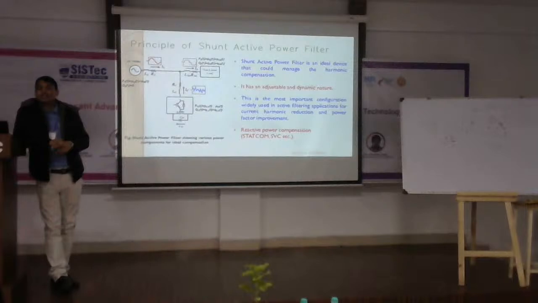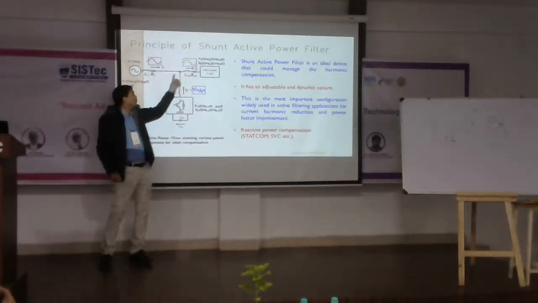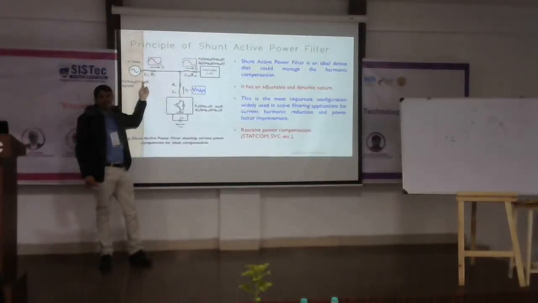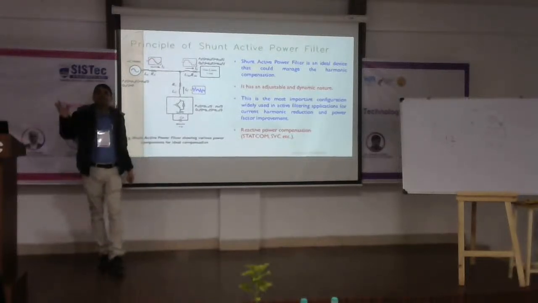What will happen? That harmonic will affect the other home as well. Isn't it? Because you are an introducer of the harmonics. So if another load is connected here, that will also affect the load. Let us take the example of another home.